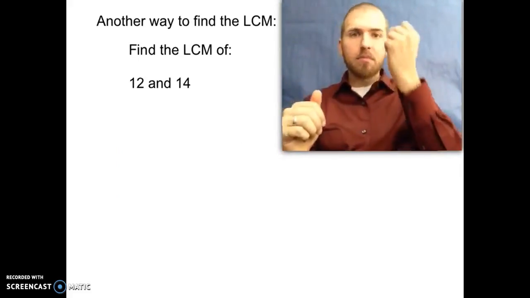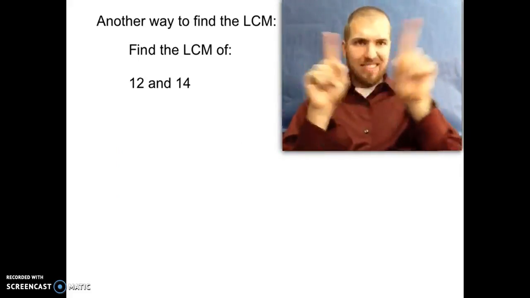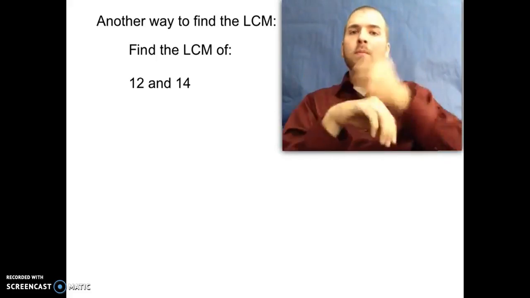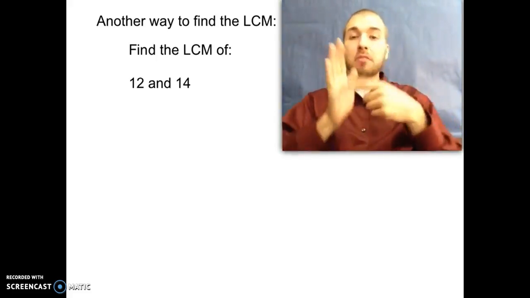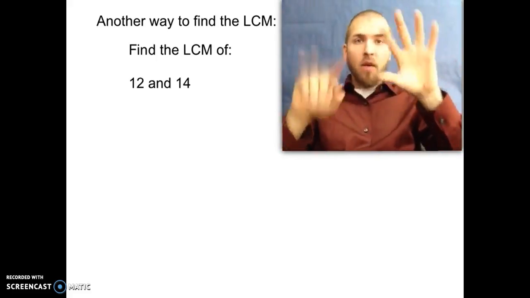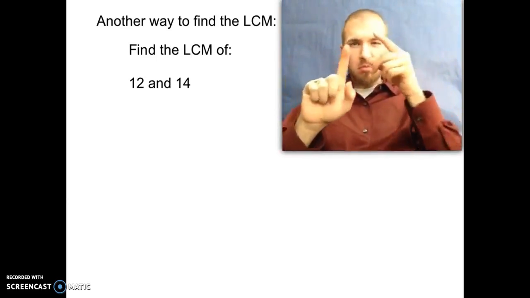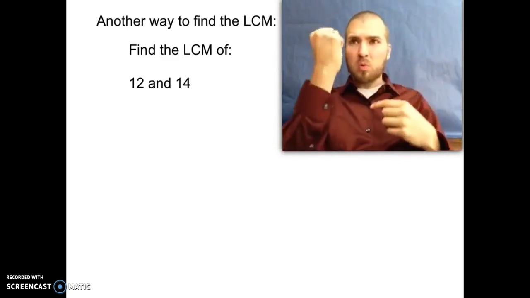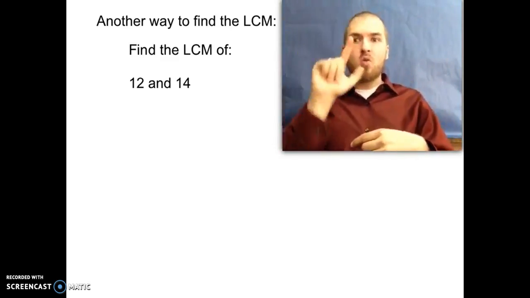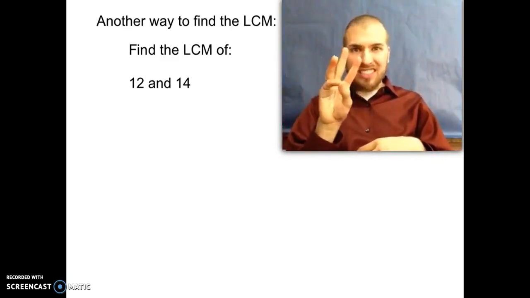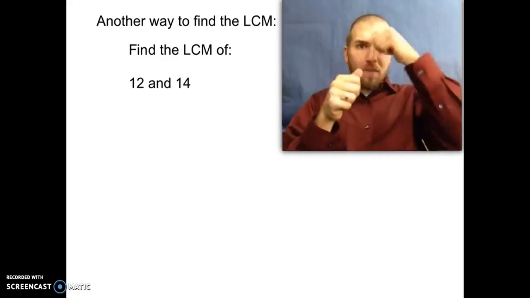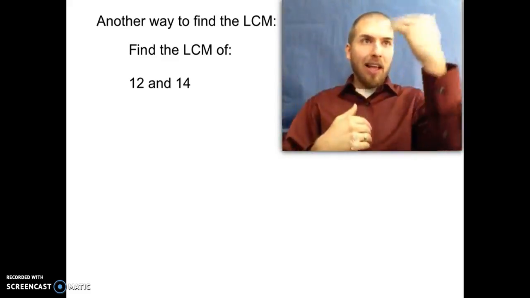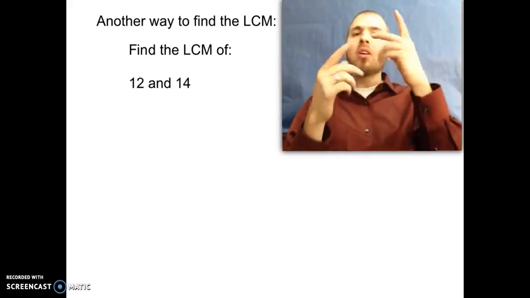Okay, so now we're going to do a different way of finding the LCM. We're going to apply a factor tree. So we have 12 and 14. So 12, 24, 36, 48, 14.